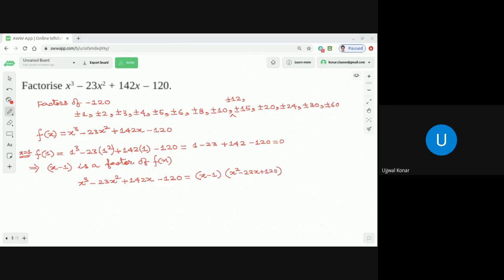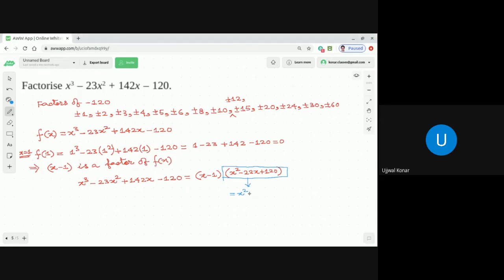Now x square minus 22x plus 120 you can factorize very easily by splitting the middle term. So if we concentrate on splitting the middle term of x square minus 22x plus 120, you can write it as 12 and 10, right? 12 times 10 is 120, and their sum is 22.